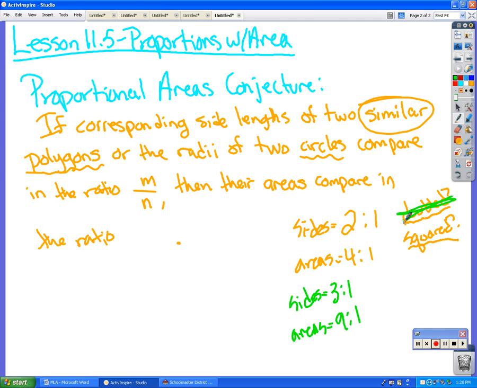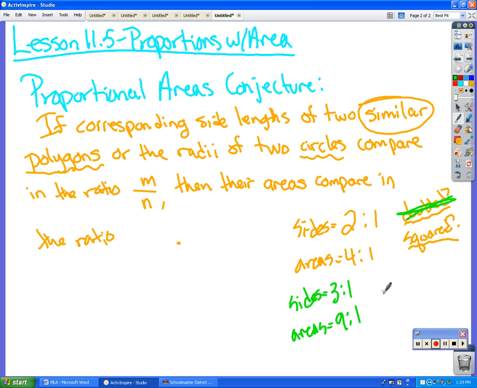And so what they're saying here in the proportional areas conjecture is that if corresponding side lengths of two similar polygons or the radii of two circles compare in the ratio of m to n, and let's not limit ourselves to 2 to 1 or 3 to 1, let's say maybe we multiplied it by 3/2, or by 4/5.